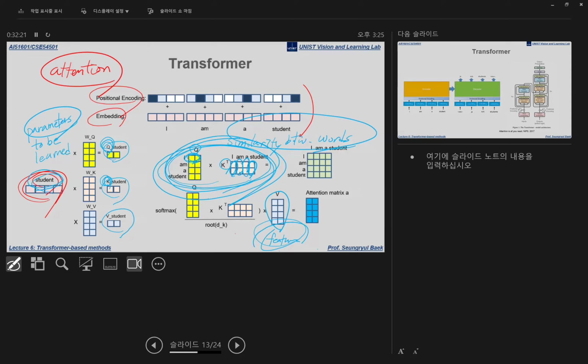So for calculating the final feature for this student word, the query of the student vector is multiplied with the key values of other words, and based on their similarity, other words' value features are added to get the final features for the student word. Okay, are you guys following this?